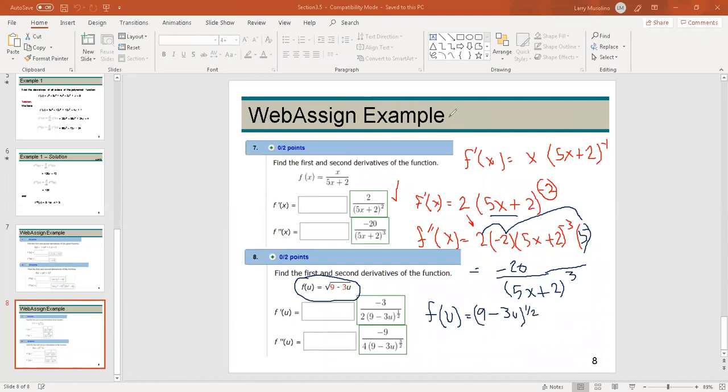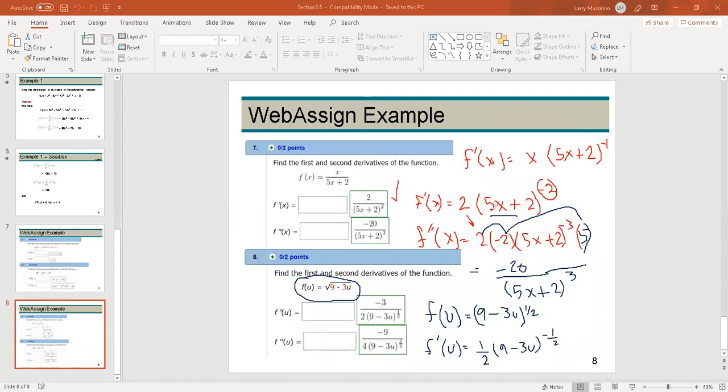I'm going to need the chain rule here. So the derivative, let me bring the 1/2 down in front. Keep the parenthesis as is. Subtract 1 from the exponent, so 1/2 minus 1 is negative 1/2.